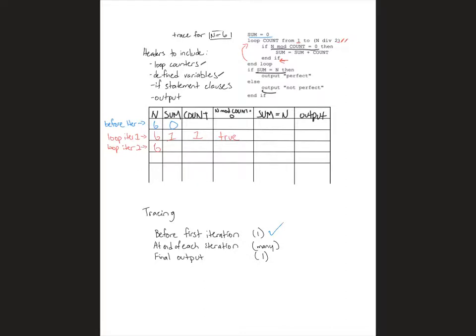Count is now the next one, which is 2, because it increases every time in a loop. N mod count equals 6 mod 2 does not have a remainder, so that's correct. Then sum equals sum plus count. Sum plus count is 1 plus 2, so that would be 3. And I am done with this one.